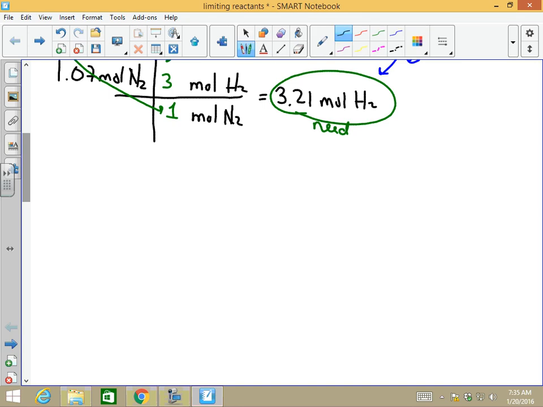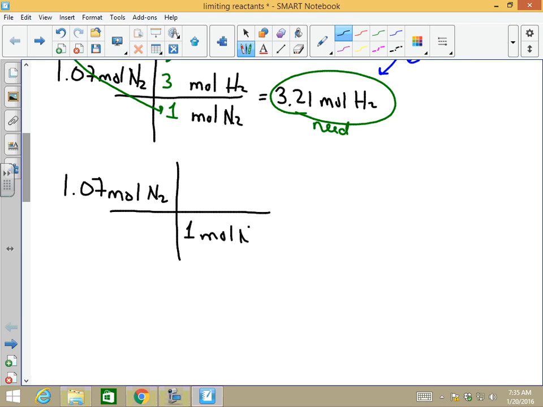I start with 1.07 moles of N2, my limiting reactant, and go to the mole ratio from the balanced equation: 1 mole of N2 gives 2 moles of NH3.